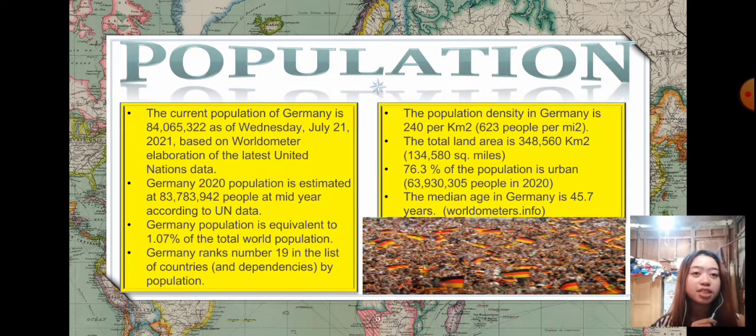The total land area is 348,560 square kilometers, 134,580 square miles. 76.3% of the population is urban. The median age in Germany is 45.7 years according to Worldometers.info.